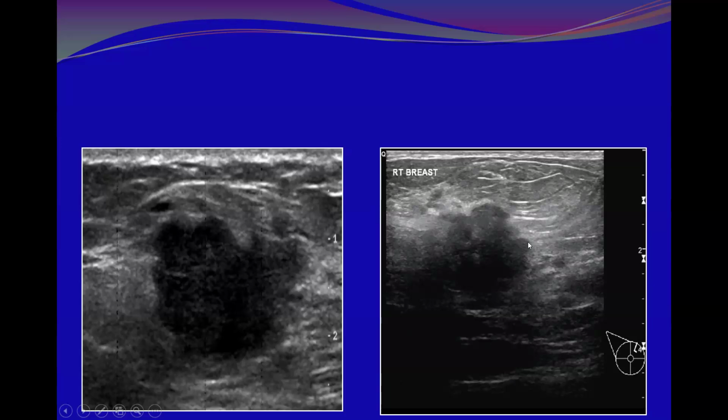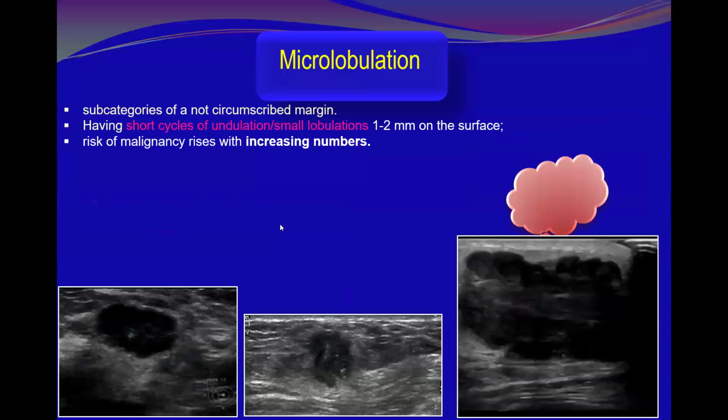Okay, there are multiple small undulations. So this is microlobulation. Okay, the microlobulations are also a subcategory of the non-circumscribed margin, characterized by short cycle of undulations or small lobulations, about 1 to 2 millimeters along the surface, either partial or throughout the mass.